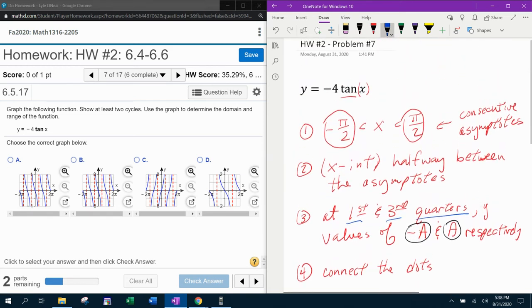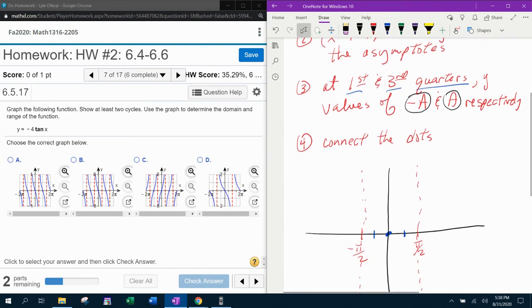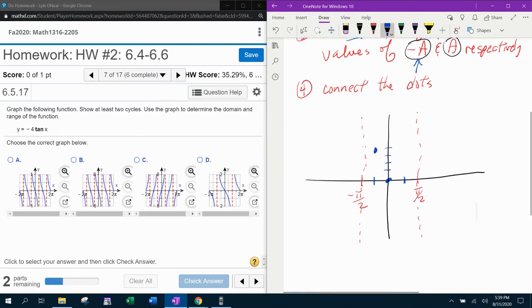Now, if I scroll up and look at my equation, I can see that a is actually negative 4. So if I plug that in here, minus a negative is going to make that positive 4. So at the first quarter, I'm actually going to be at positive 4.